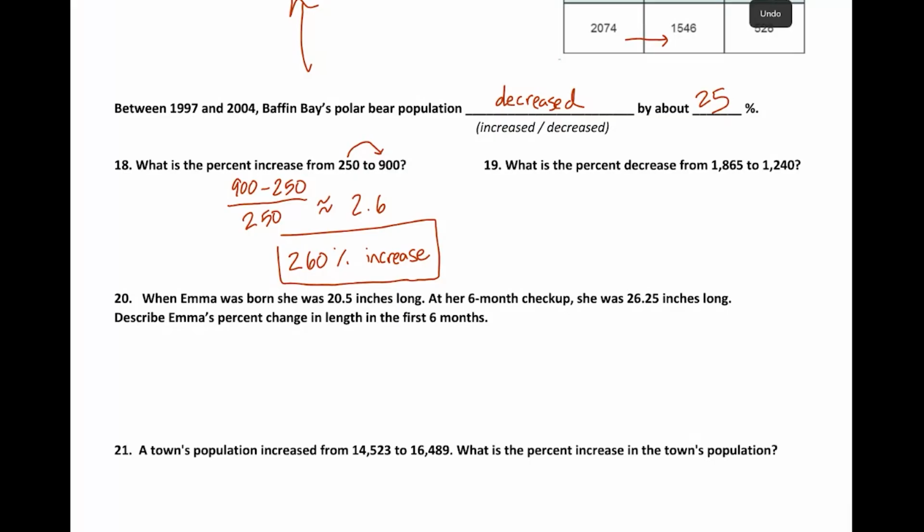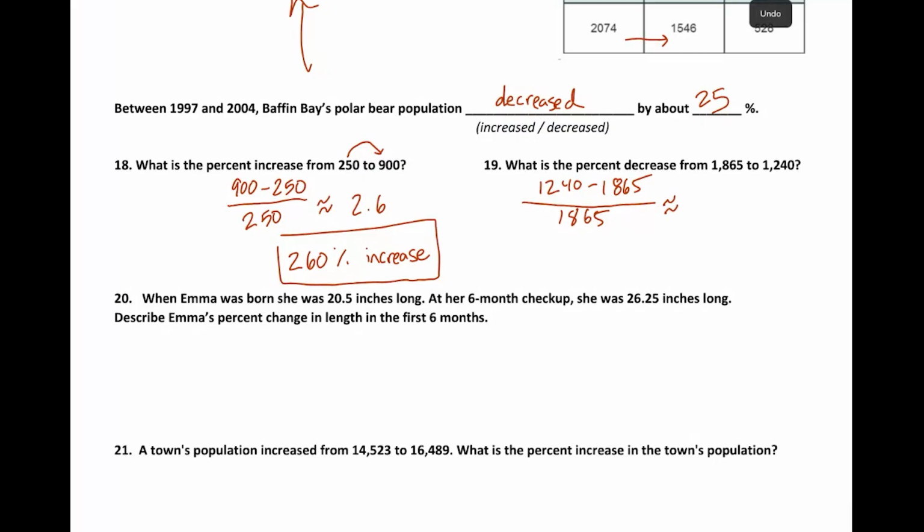19 says, what is the percent decrease from 1865 to 1240? Well, we can basically do the same thing here, although it did go down. That shouldn't really prevent us from doing what we need to do here. We're going to have our difference, 1,240 minus 1,865 over the original 1,865.